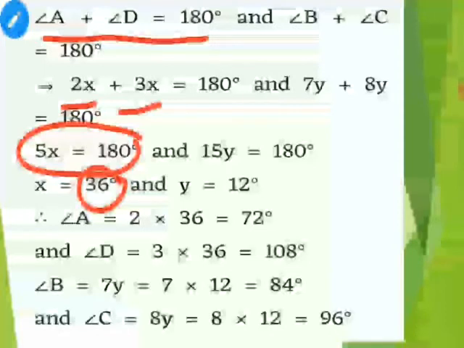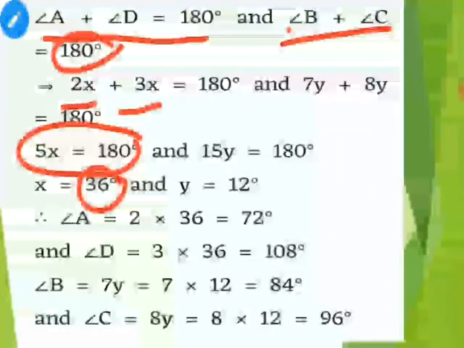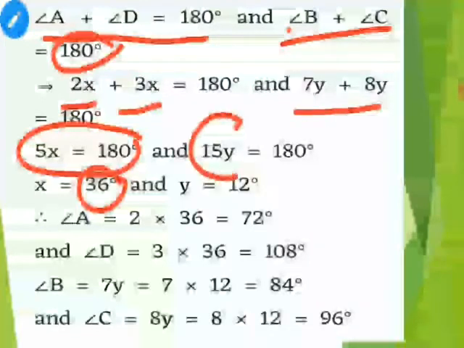Similarly, B plus C is equal to 180 degrees. B value is 7y and C value is 8y, and the sum of these two angles will be equal to 180 degrees. When you add 7y and 8y, you will get 15y, and that is equal to 180 degrees, or y is equal to 180 divided by 15 and you will get 12. So we have got the values of x and y here.